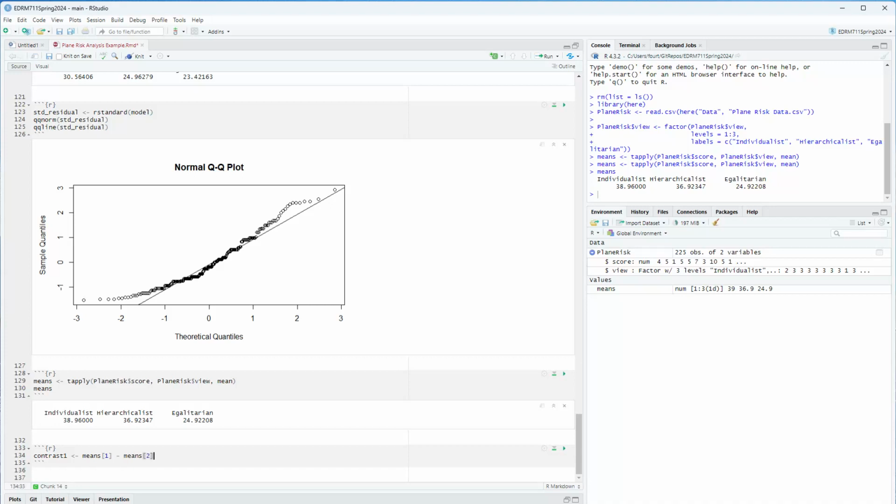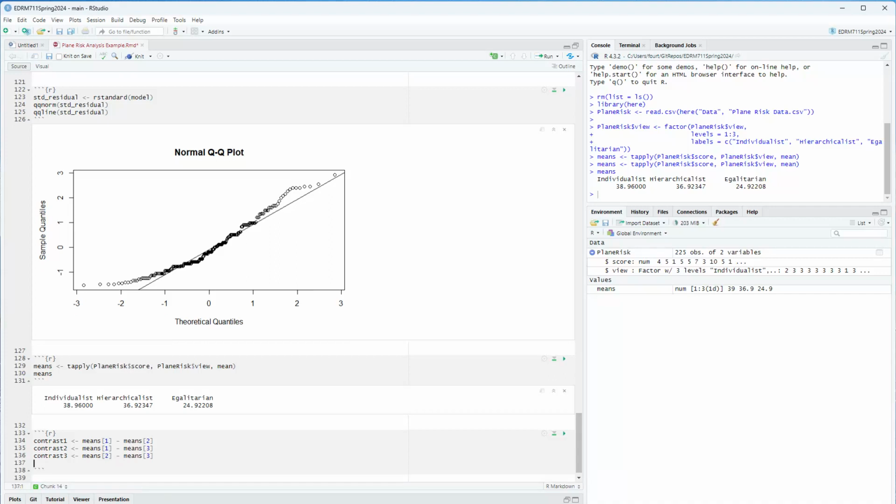So that's the first mean minus the second mean. Contrast 2 is going to be the means of individualist minus egalitarian. And then let's go ahead and do all pairwise. This will be the mean for the hierarchicalist minus the mean egalitarian.